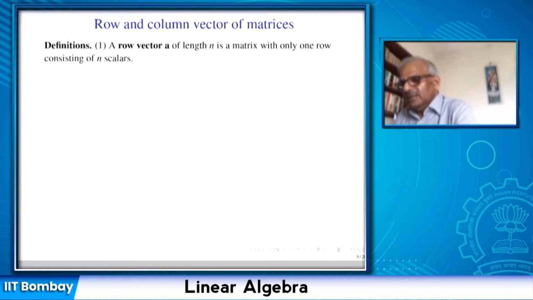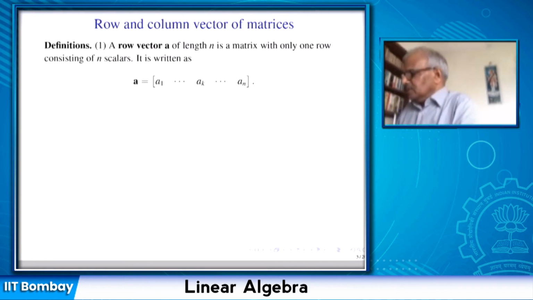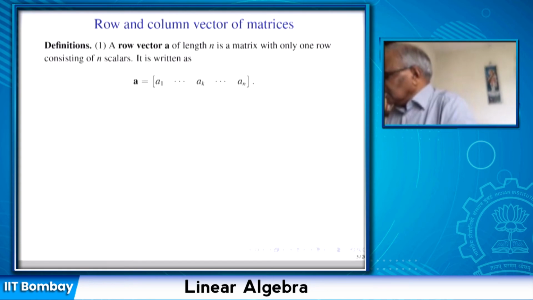So if it has n components, we say it's a row vector of length n, and it has n scalars. Okay, and we write it this way: the first entry we will write as a1, kth entry as ak, and last entry as an. So we don't use the double subscript notation for this unless we really need it.